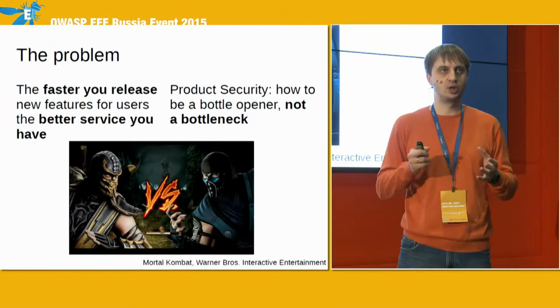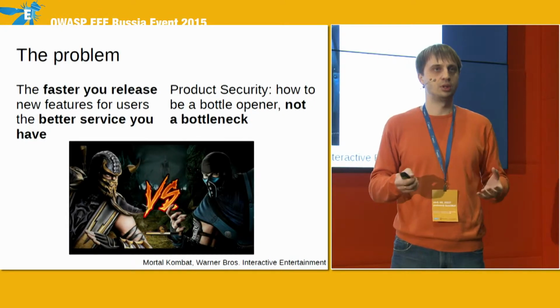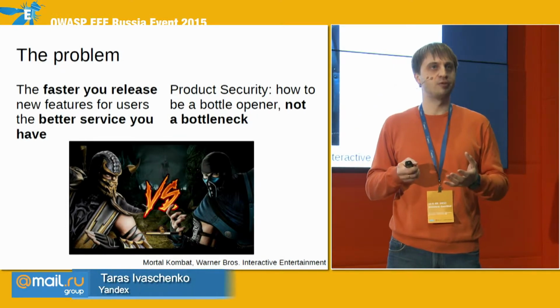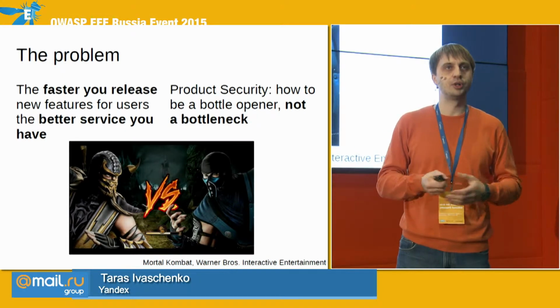So what is this talk about? What problems do we have nowadays? The internet is very fast, and today it's very important for internet companies to release their products to production as fast as possible, because if you release some functionality before your competitor, you are the winner.